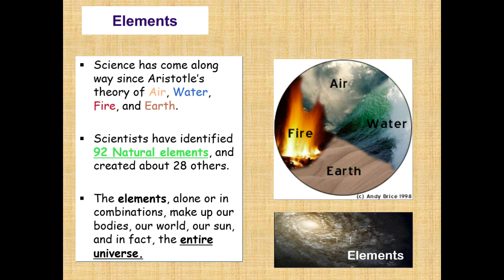Science has identified 92 natural elements and created about 28 others also. The elements, alone or in combination, make up our body, our world, the sun, in fact the entire universe.